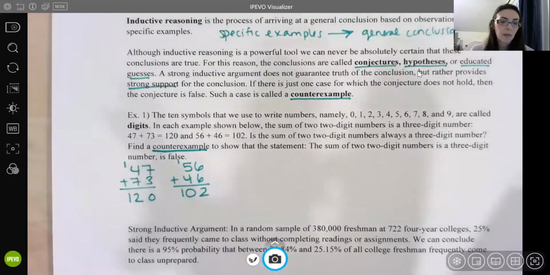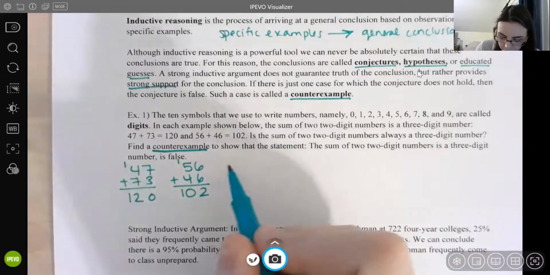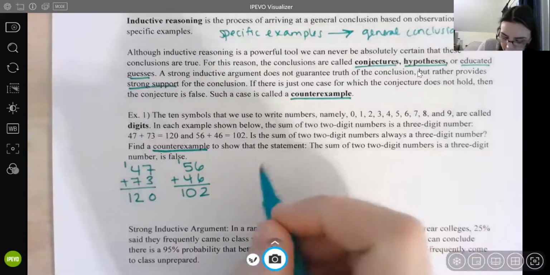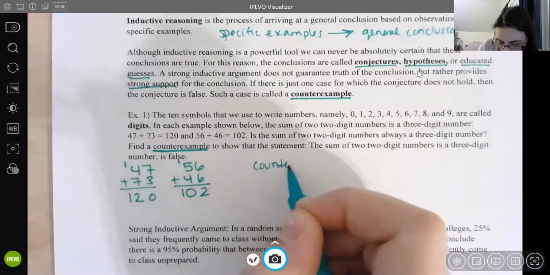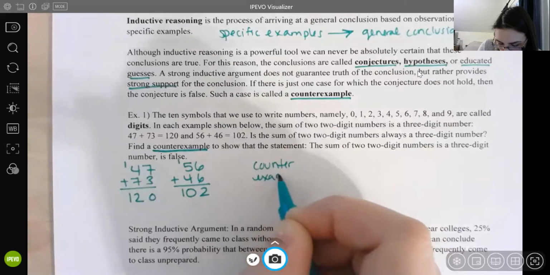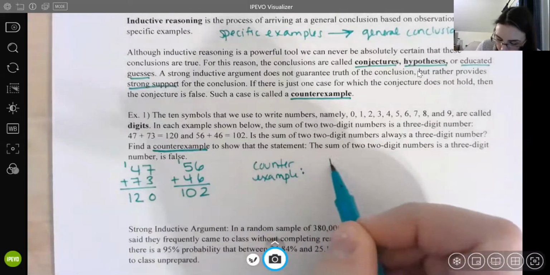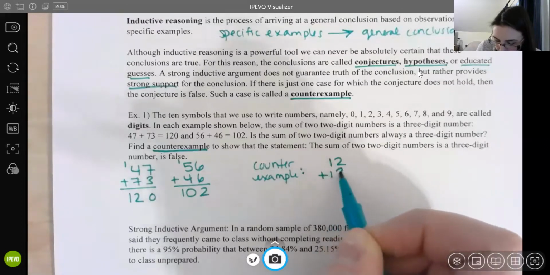So this is a great time if you want to pause the video and see if you can find a counterexample of your own. So one example is the number 12 plus 13.